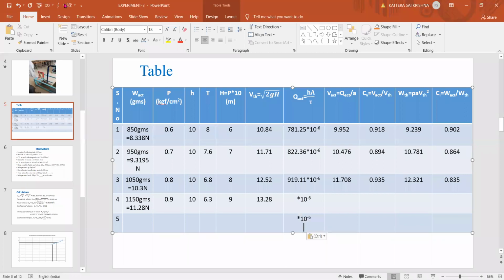Sir, 1012.12. 1012, 0.12. 0.1 into 10 power minus 6. Is it correct? Yes, sir. Right.